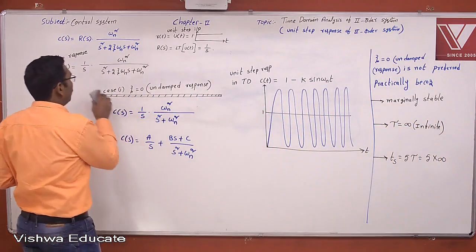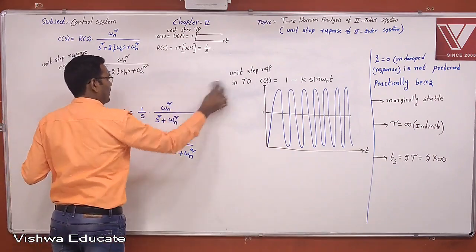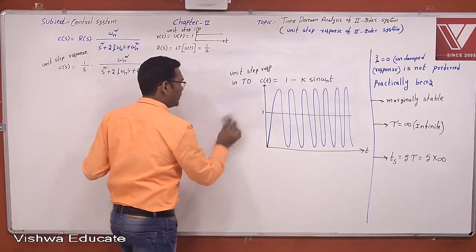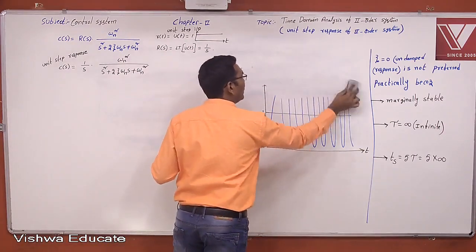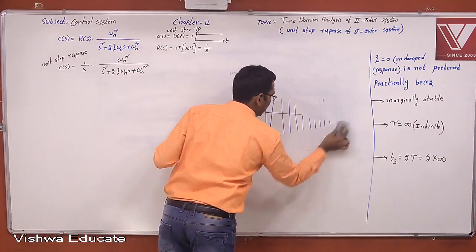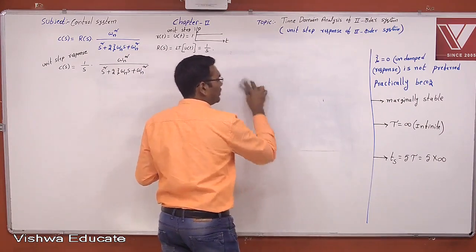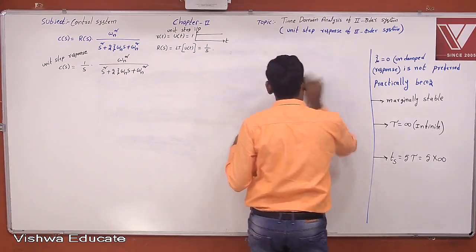Now we'll go for the remaining cases, which are stable cases. The marginally stable case you can easily eliminate, but the remaining are all stable cases, so you should have a specific and good reason to eliminate a stable response.